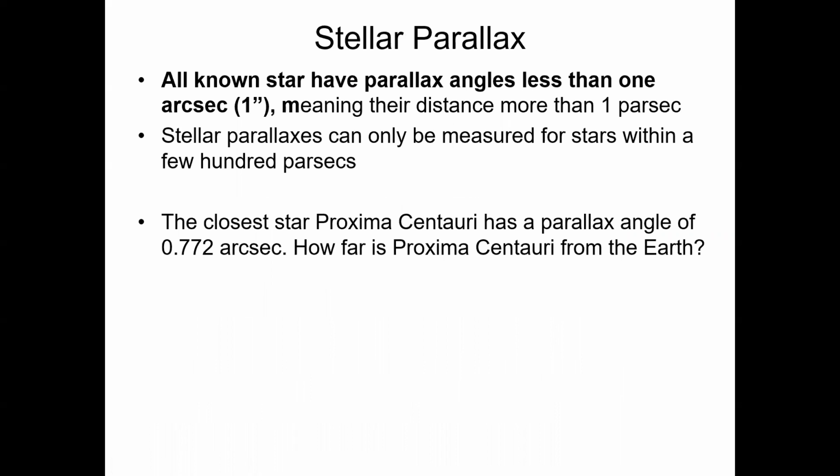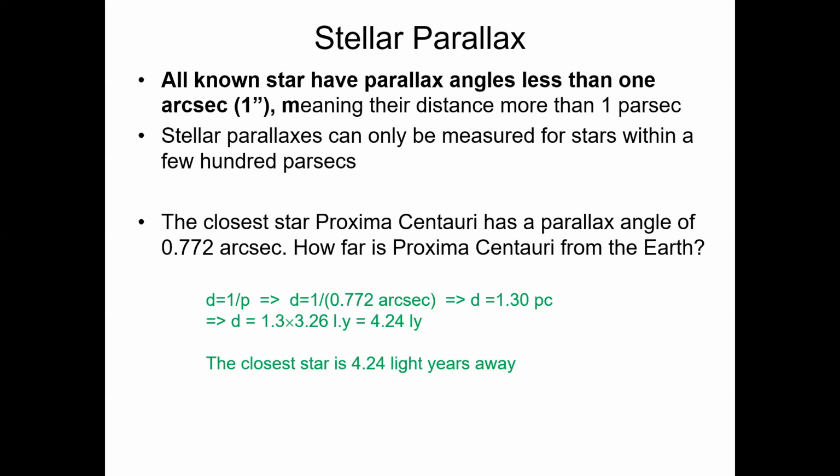We looked at that, and some of you actually calculated the distance to the nearest star to the sun. That is Proxima Centauri. That's why it is called Proxima in the first place. And you got that answer, 4.24 light years away. This is really interesting.